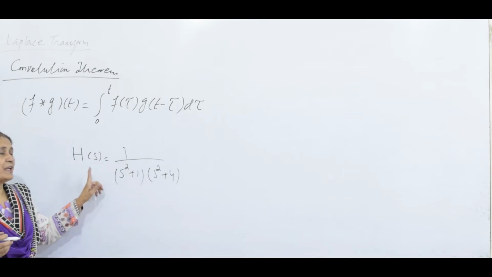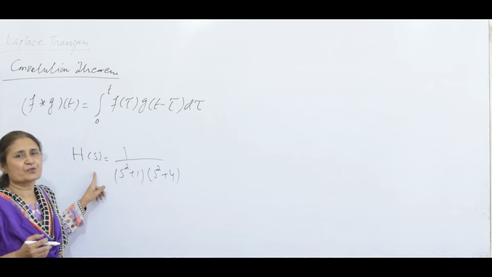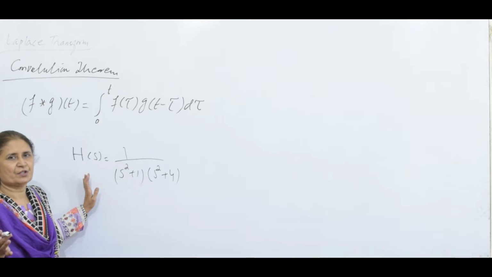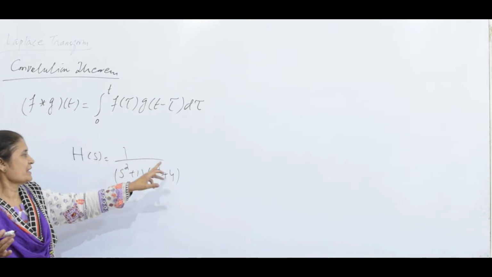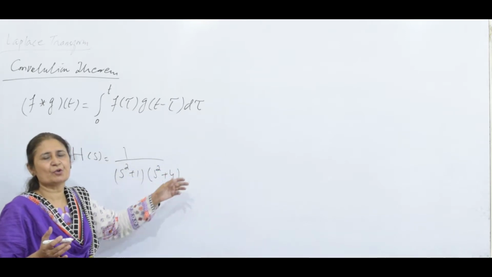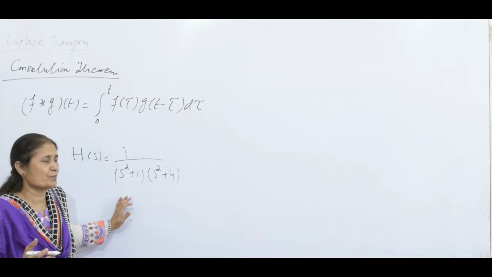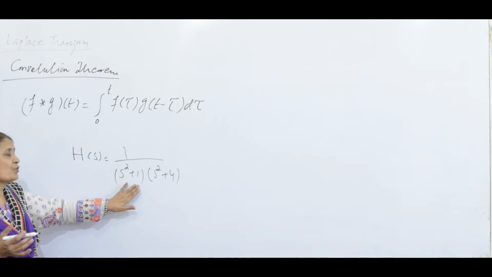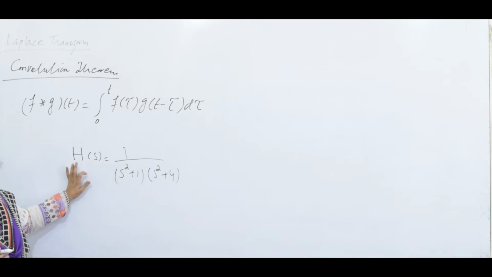I would have to use partial fractions, which I have discussed so far. You can write this as As plus B over each factor, because both are quadratic factors in the denominator. But if you are not going to do this, then you can find the Laplace inverse through convolution.